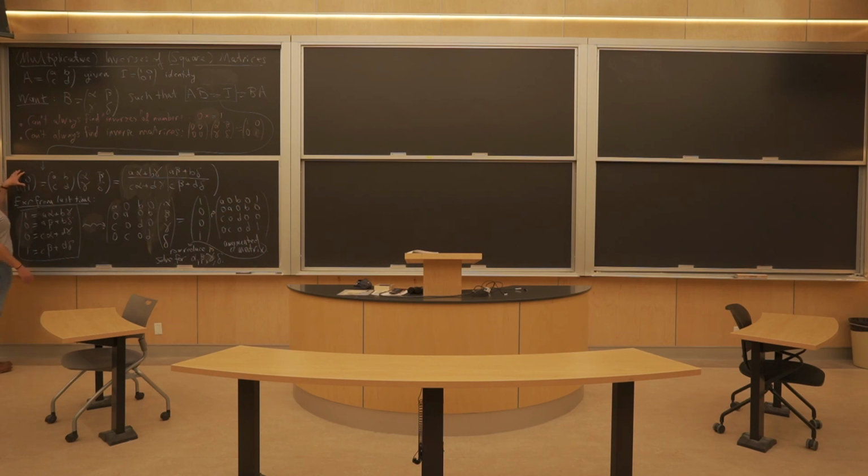So here I wrote down that equation, A times B equals I. A includes all the numbers that are known, a, b, c, d, and B includes all the numbers that are unknown. I want to solve for alpha, beta, gamma, and delta in that equation. Now, writing out this multiplication explicitly, it gives me this.